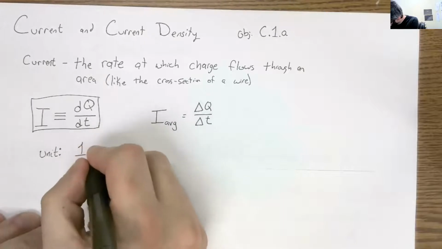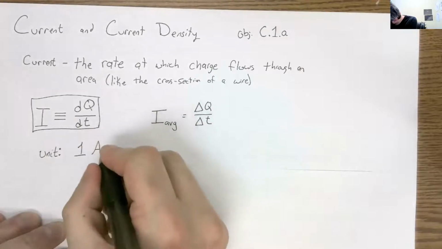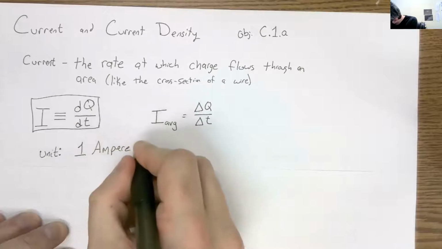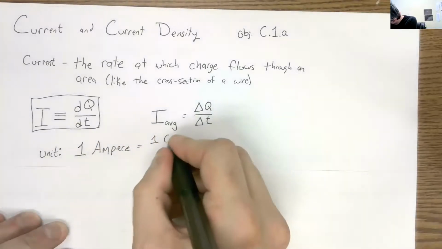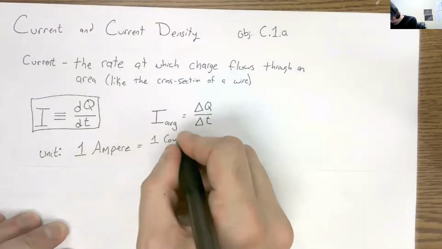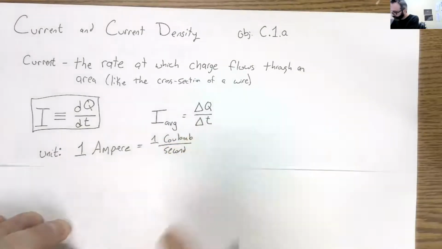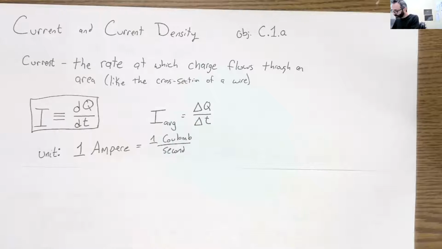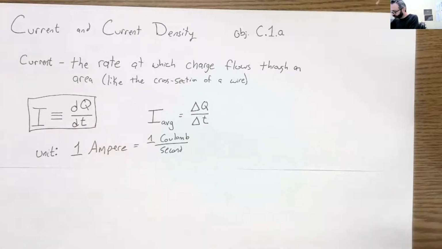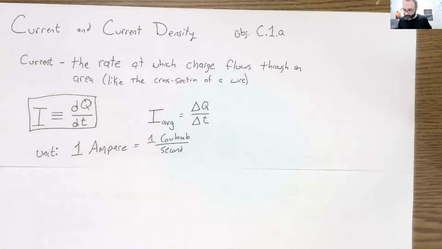So 1 ampere, or usually just called amps, is 1 coulomb per second. So if you have a coulomb of charge passing through a point in your wire every second, you've got 1 ampere of current.